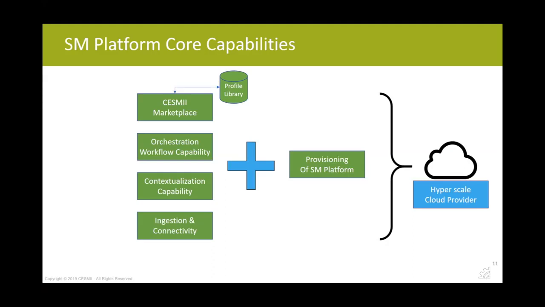But this is where a lot of the data and the information is going to be consumed to provide value to our membership. All this will be combined with the ability to provision a platform instance for you. And we are leveraging a hyperscale cloud provider to be part of that. So essentially, these are the core capabilities that we are looking at within the platform that will be demonstrated to you today.